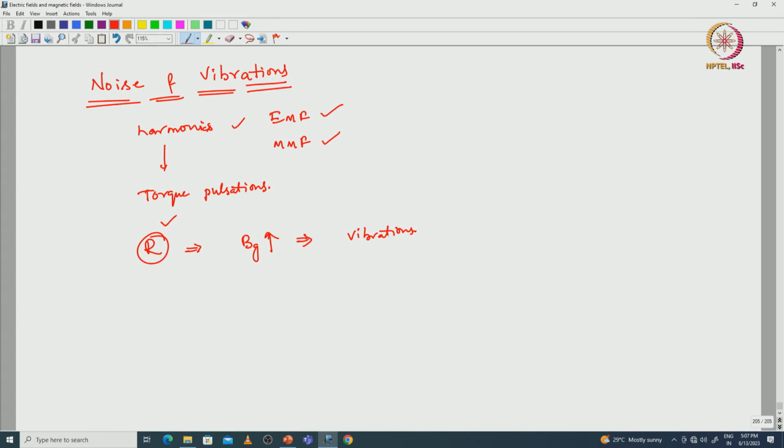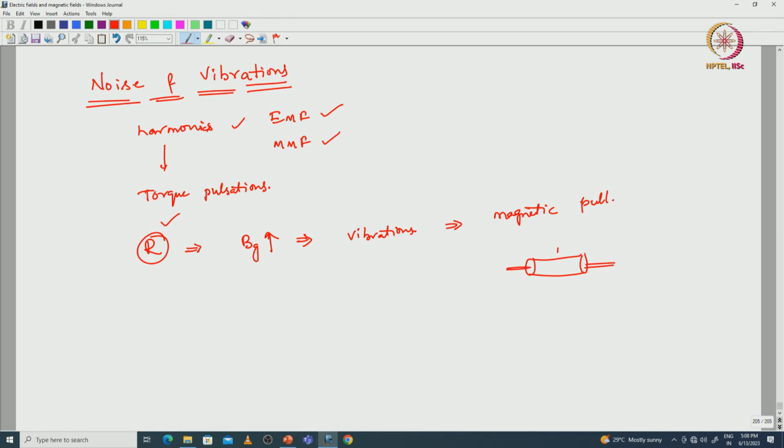Okay. If an unwanted reluctance variation is happening, for example magnetic pull, where the air gap symmetry with respect to the rotor is not uniform.